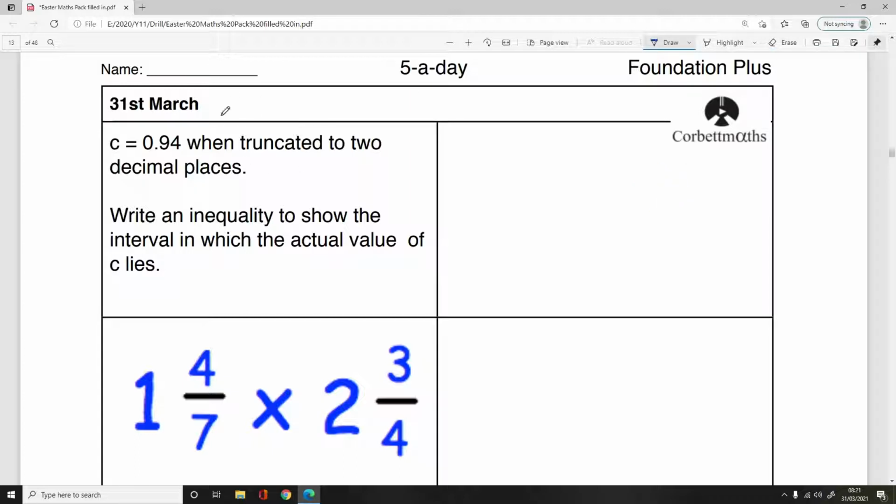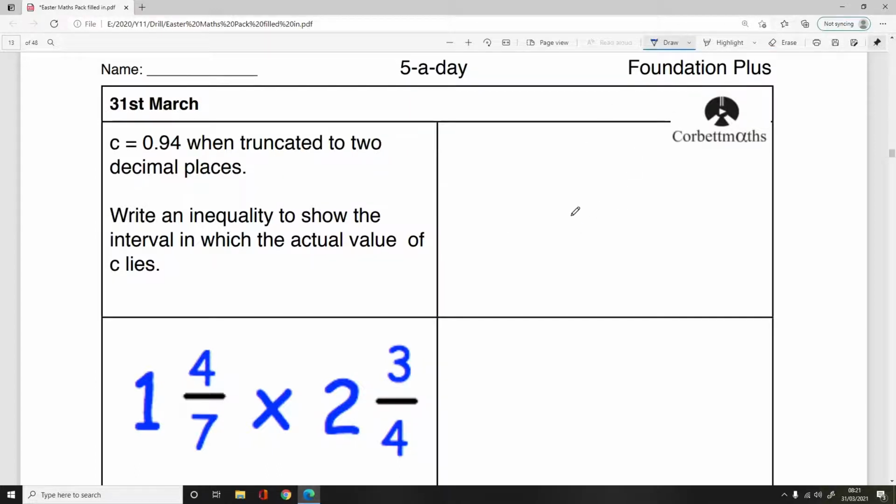So when we talk about numbers that could truncate to 0.94, it would be anything that starts with 0.94 and then has some nonsense after it. Like all of these numbers would truncate to 0.94 because you just cut the number there. This is slightly different from bounds, in that you're not going to be saying half add take away.